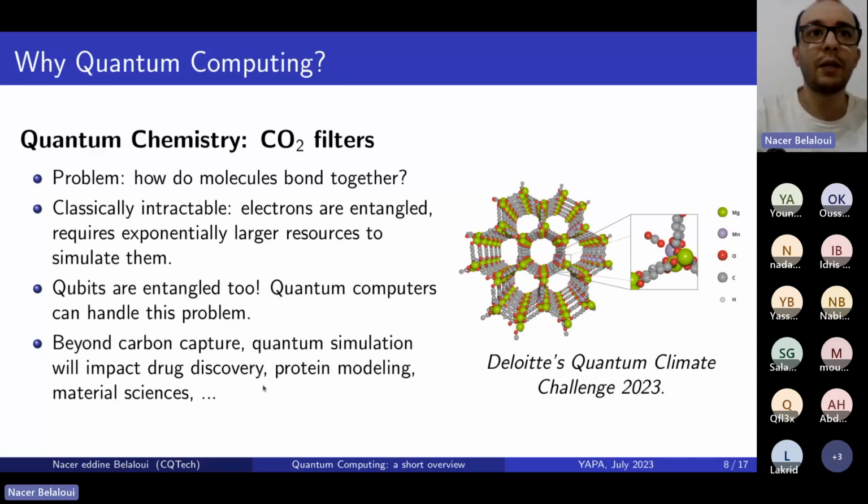And beyond this problem of carbon capture, in quantum chemistry, we can do quantum simulations that will impact drug discovery, protein modeling, material sciences, and so on. Just to develop a bit on drug discovery, a large amount of money is spent on simulations.